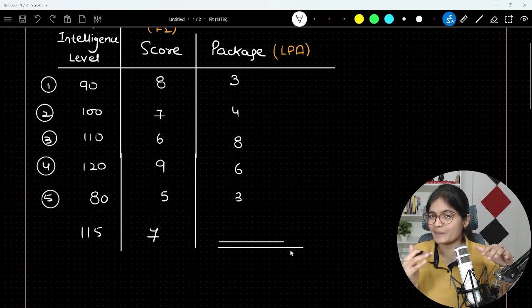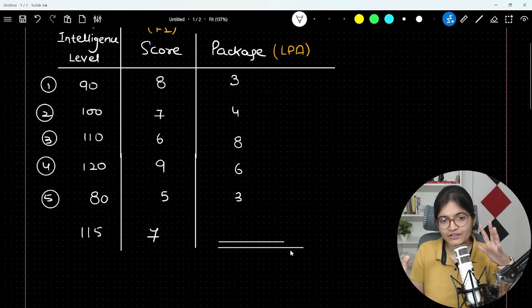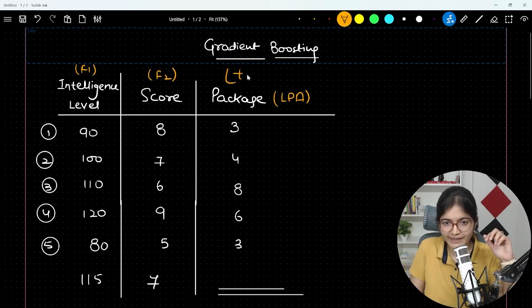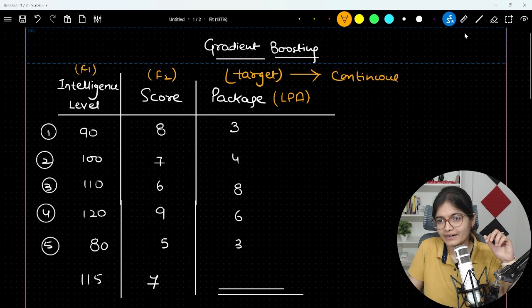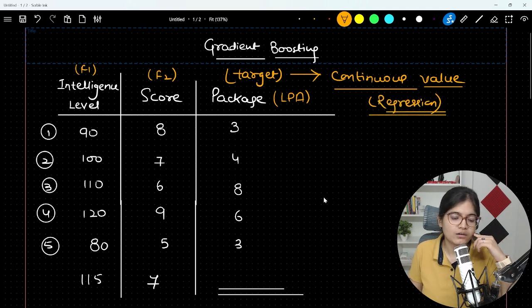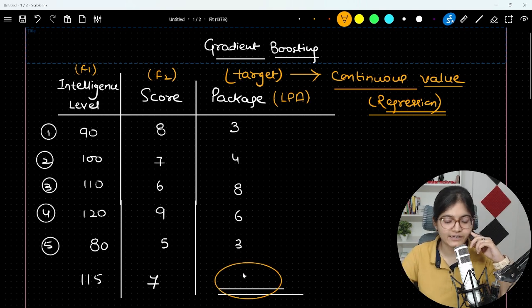Now what should the expected one be? Depending upon these two features, I want my model to give me some number. You can see that this target value we want as a prediction is a continuous value, and that is the main reason why it is called a regression problem. Makes sense? This is what we really want to predict.